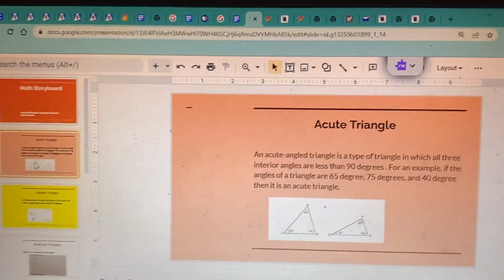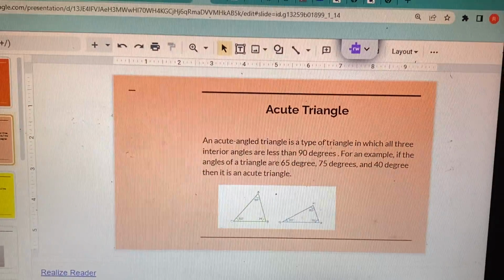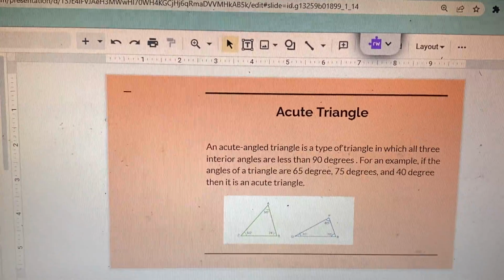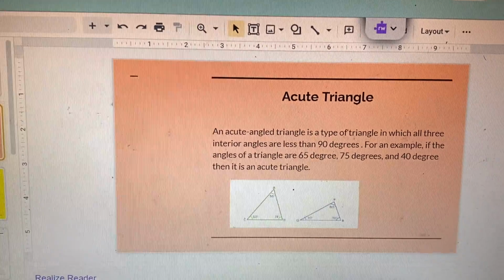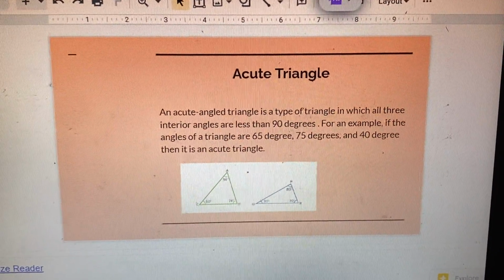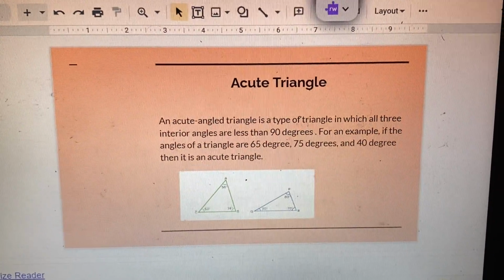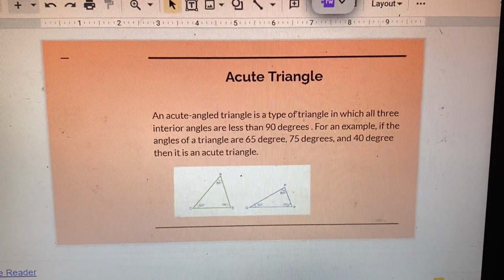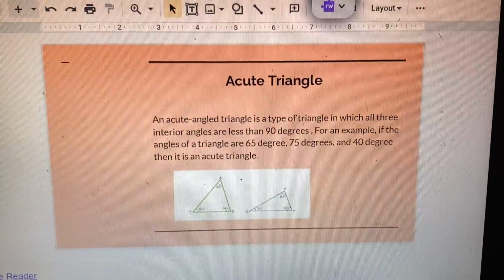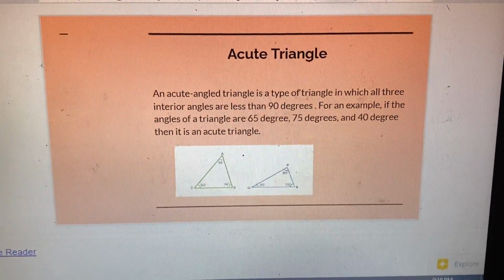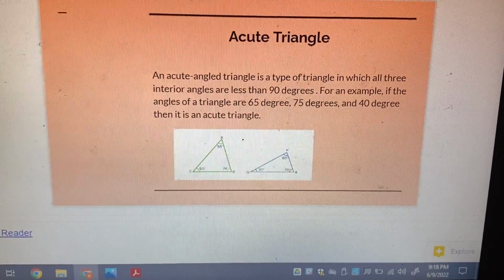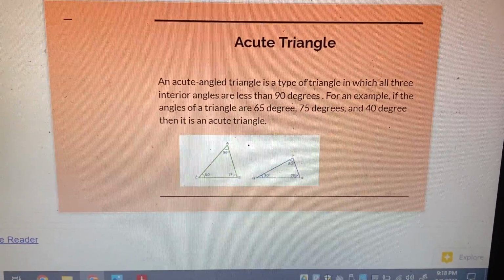I want to start off by reading about an acute triangle. An acute triangle is a type of triangle in which all three interior angles are less than 90 degrees. If you look at the illustration, you see the different degrees in the different corners of the triangle.